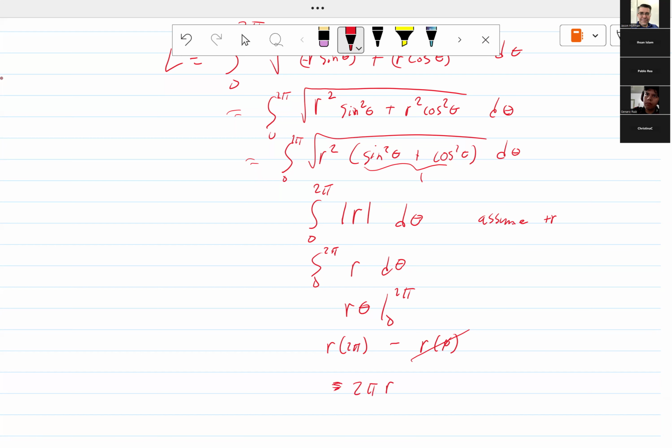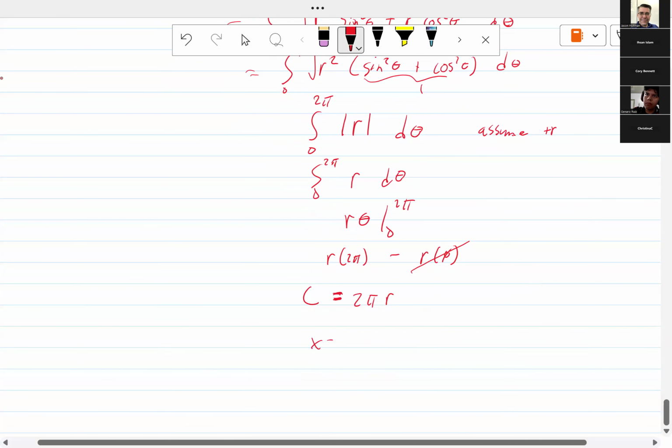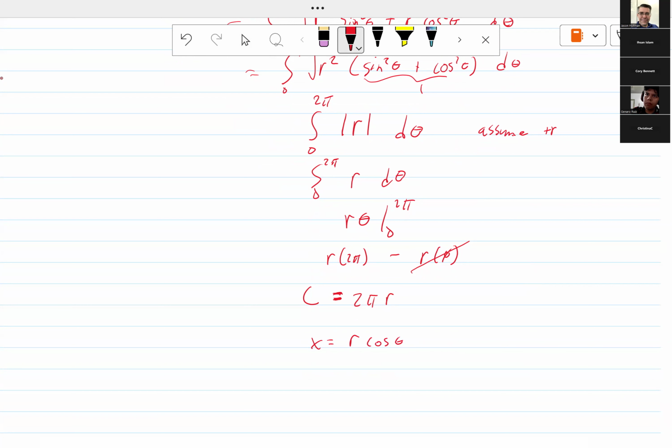What is 2 pi r in the world of geometry? It's the circumference of a circle of radius r. When we said that x was equal to r cosine theta and y is equal to r sine theta, that's just a circle of radius r centered at 0, 0.